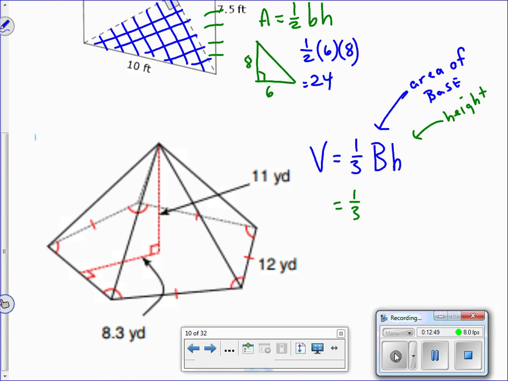Now when we look at a pyramid, we can find the volume of that. Its formula is a little bit different. It's 1/3 BH. Hopefully you're getting used to what these letters mean, right? So the big B means the area of the base. So we've done that, and if you're not sure how to find the area of that pentagon, you need to go back. You've come this far.